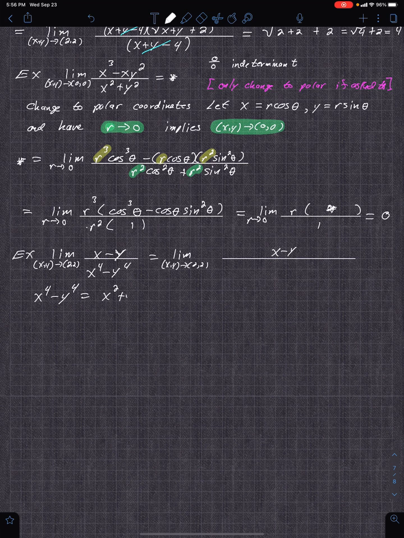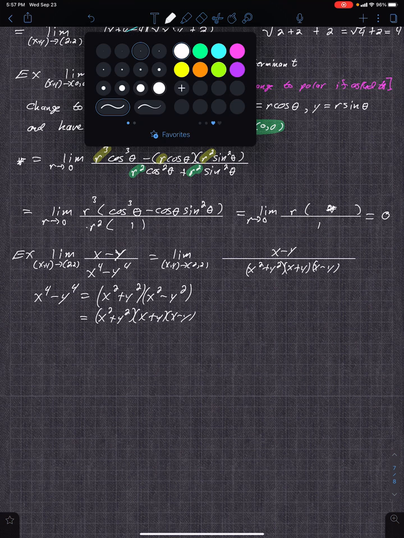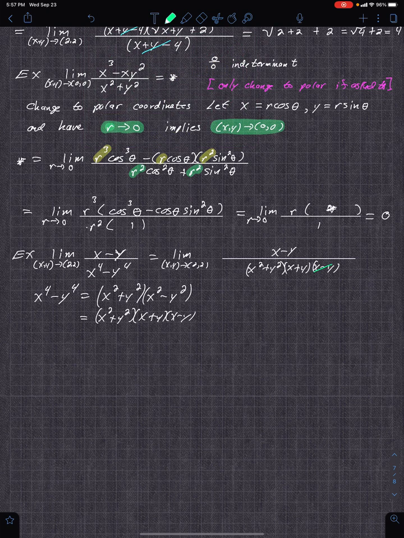It factors to x squared plus y squared times x squared minus y squared, and that factors to x plus y, x minus y. No imaginary numbers. So the denominator is x squared plus y squared, x plus y, x minus y, and the x minus y will reduce. So you end up with a 1 over that.